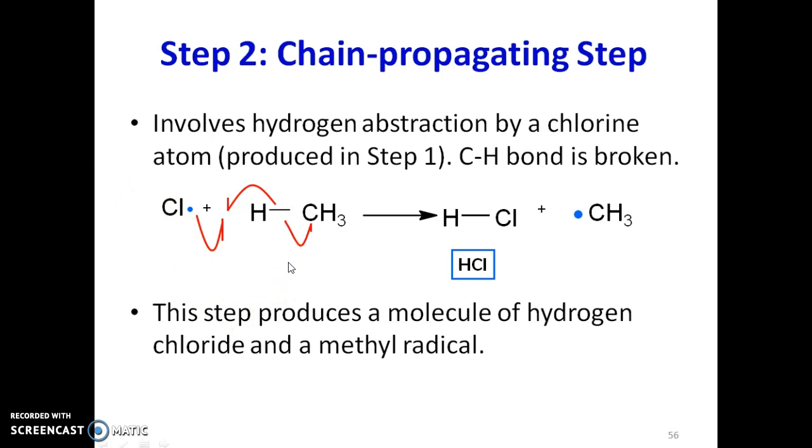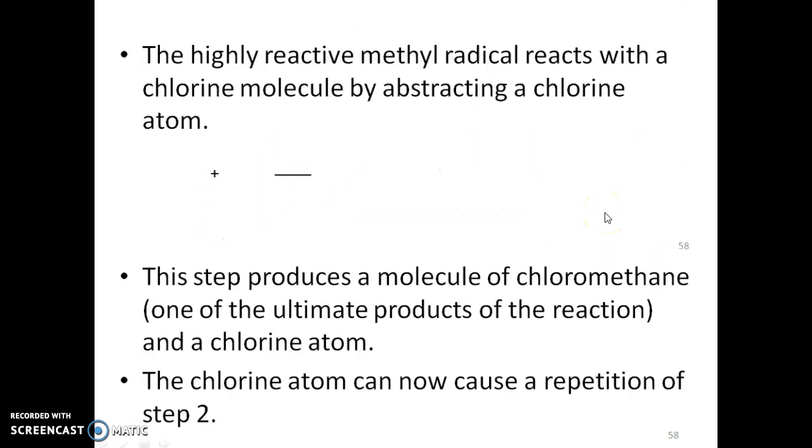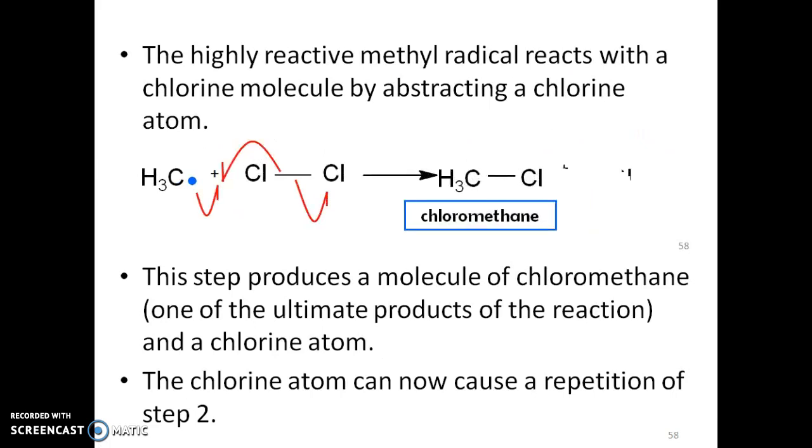This means these two chain propagating equations, the first and the second, are repeated in step number 2, the chain propagating step. So these two reactions that occur in the chain propagating step repeat until they produce a lot of product.